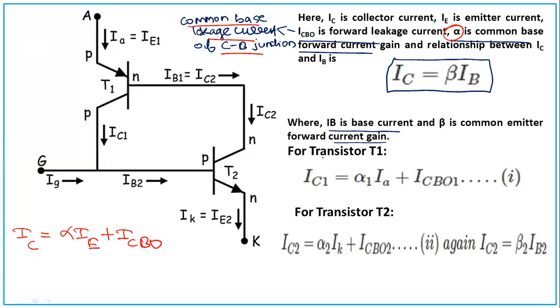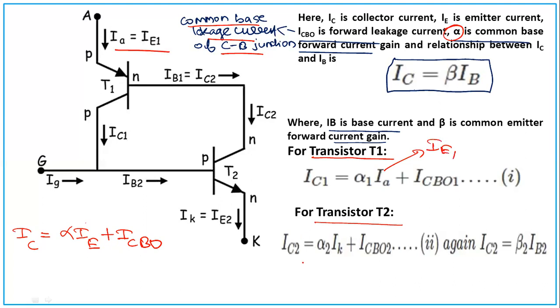For transistor T1, IC1 is equal to alpha 1 IA plus ICBO1. You should remember IA is equal to IE1: the anode current is the emitter current.